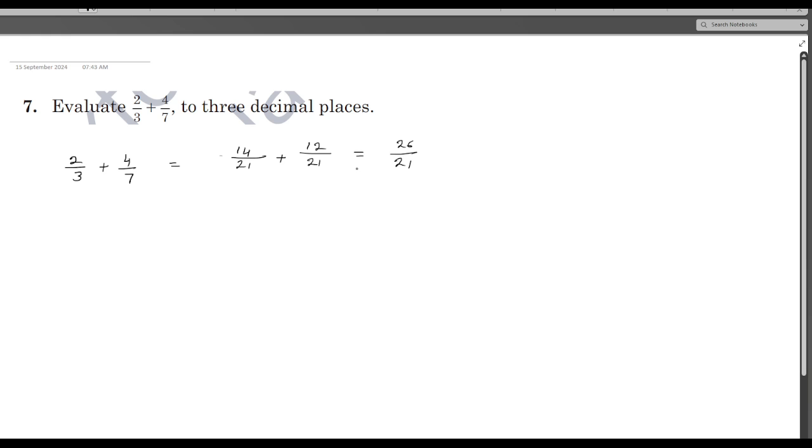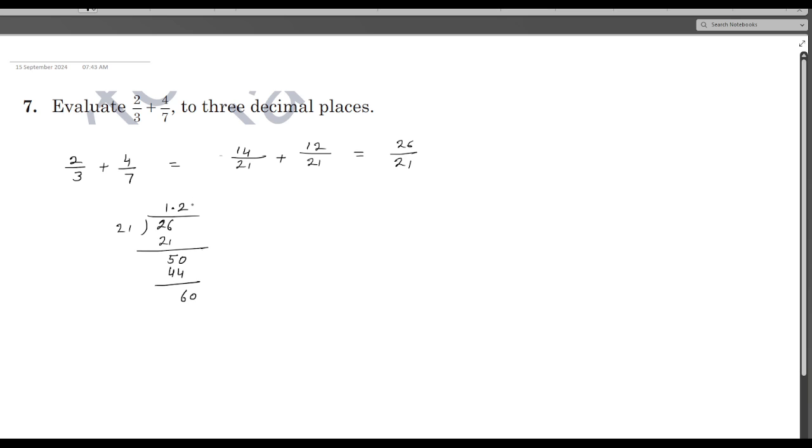Now I have to write it up to 3 decimal places. So 26 we will divide by 21. So 21 times 1 is 21. Remaining is 5. I will use the decimal here and this will become 50. 21 times 2 is 42 and times 3 is 63, which is more than 50. So I will take 2. 50 minus 42 is 8. It becomes 80.